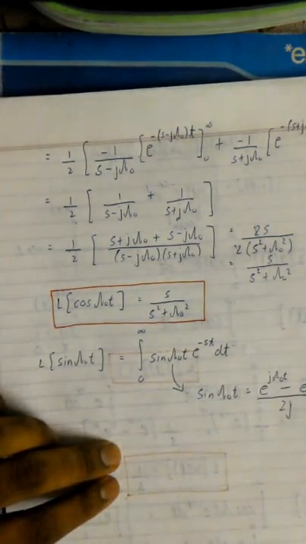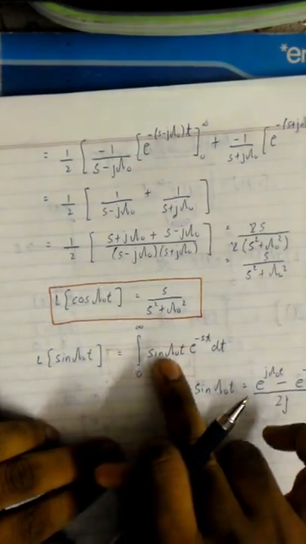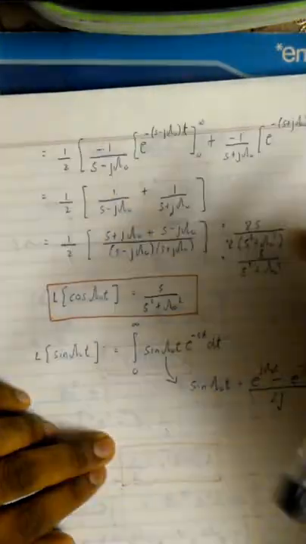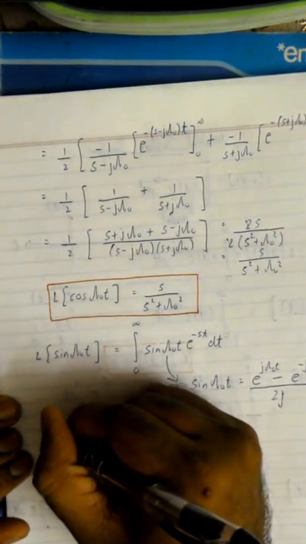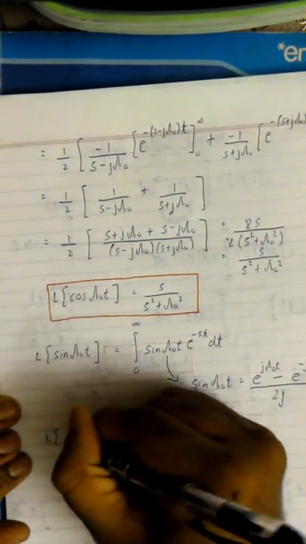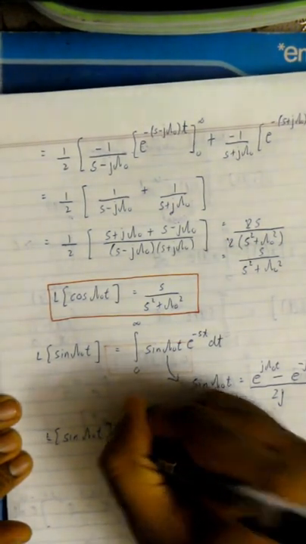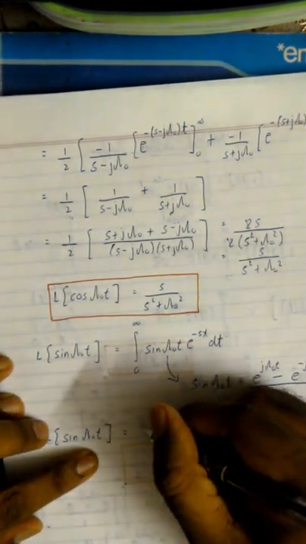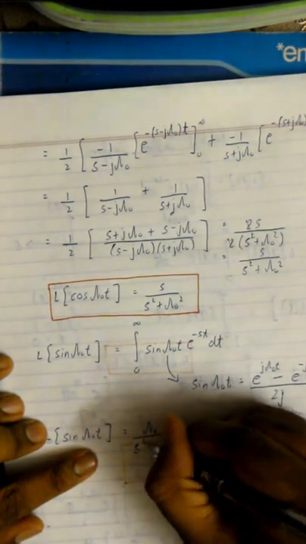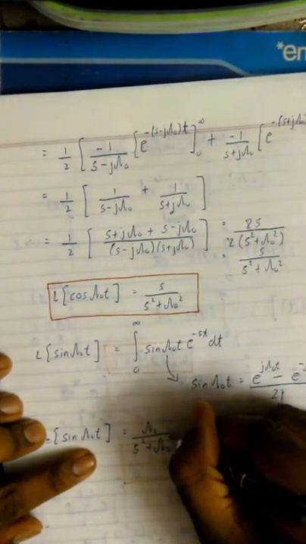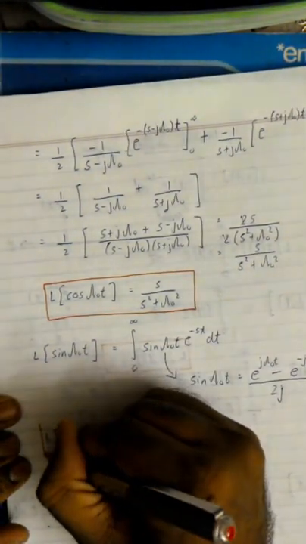All you need to do is substitute this equation over here and proceed as before, and finally you will get the Laplace transform of sin ohm 0 t equal to ohm 0 by s square plus ohm 0 square. So that is your next equation.